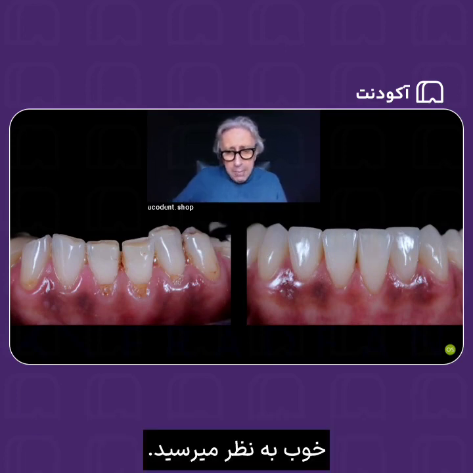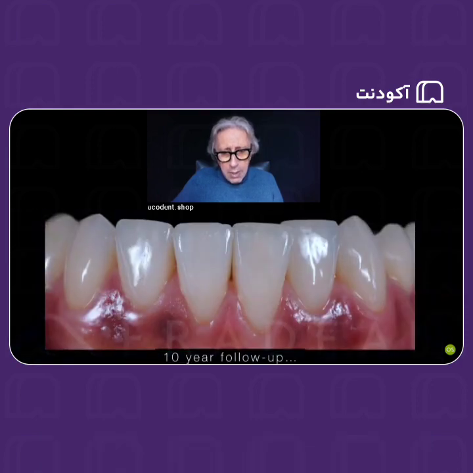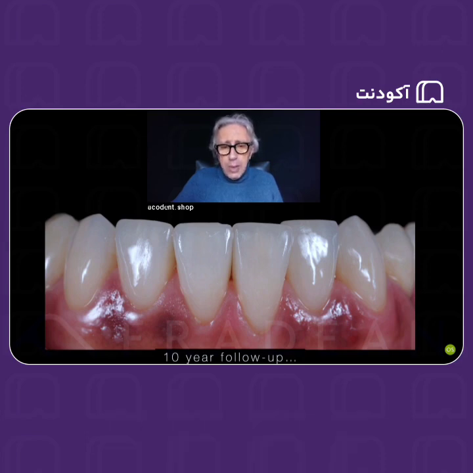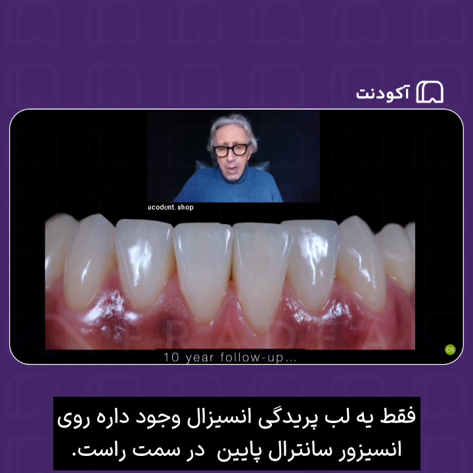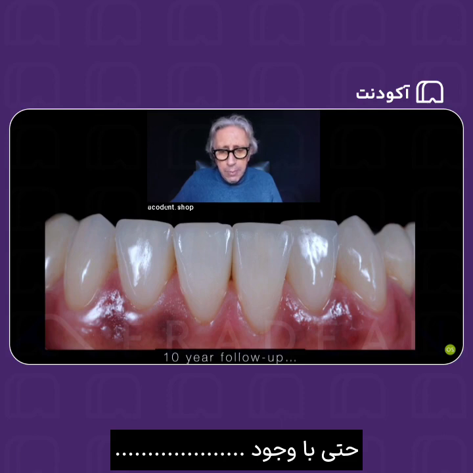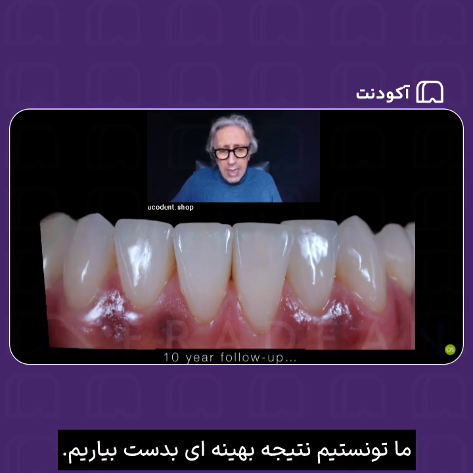It seemed to be okay, but more importantly, 10 years later we are still in good position. We had just a very little chipping on the incisal edge of the central incisor of the lower arch, right side. But even with a very thin periodontal biotype, we had a chance to optimize the case completely.